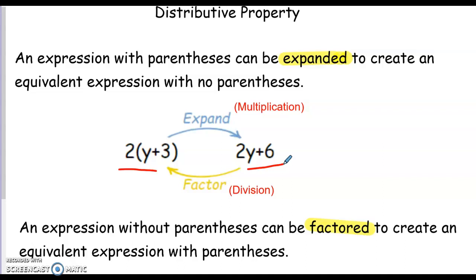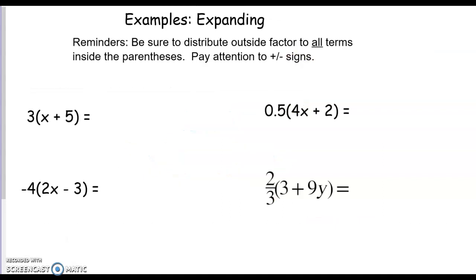So two vocabulary words today are expanding and factoring. Basically, we're going back and forth with expressions that have parentheses and don't have parentheses, but they're equal in value, equivalent. I think you'll remember this.